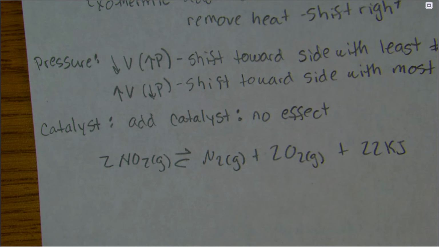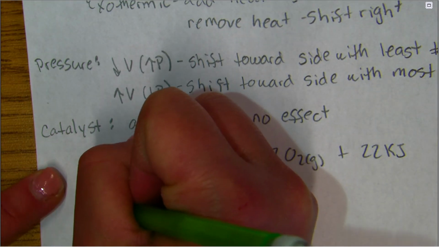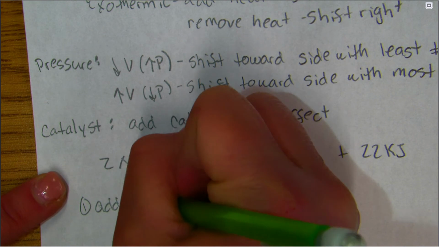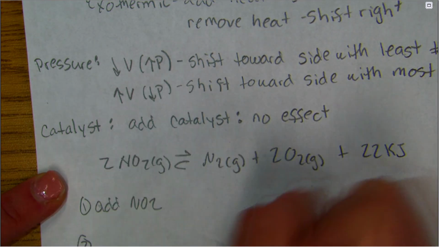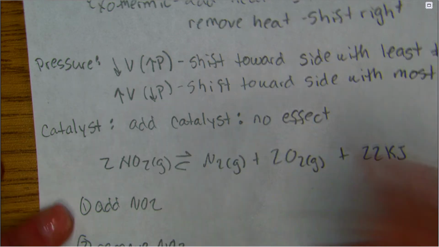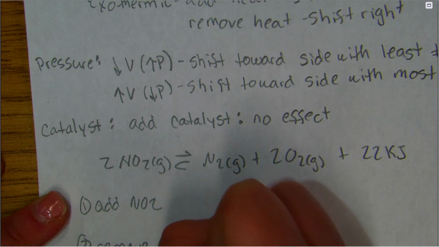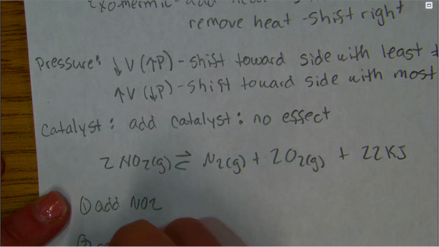It is really and sincerely a logical thought process. So what's going to happen if I add NO2? What's going to happen if I remove NO2? What's going to happen if I remove heat? And what's going to happen if I decrease the volume?